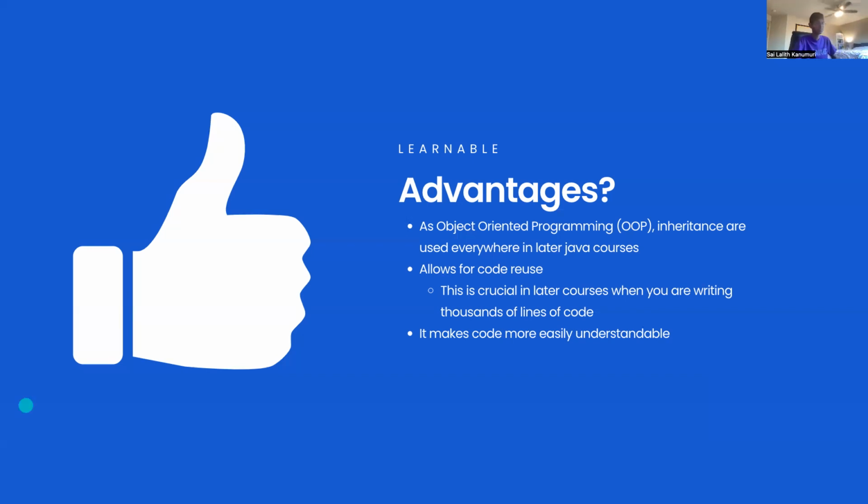So that's why it's super important. And this uses about 90% of object-oriented programming, except with a few other tweaks. So if you have not watched the object-oriented programming video, I highly recommend you watch that before this.